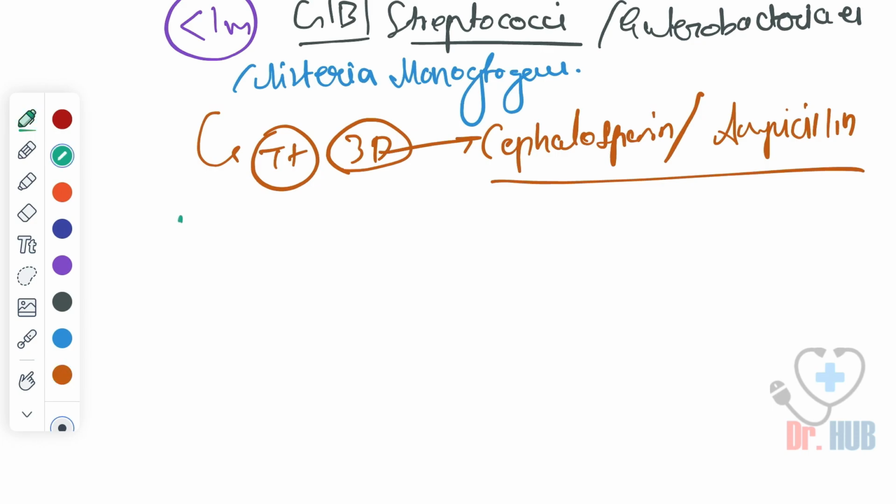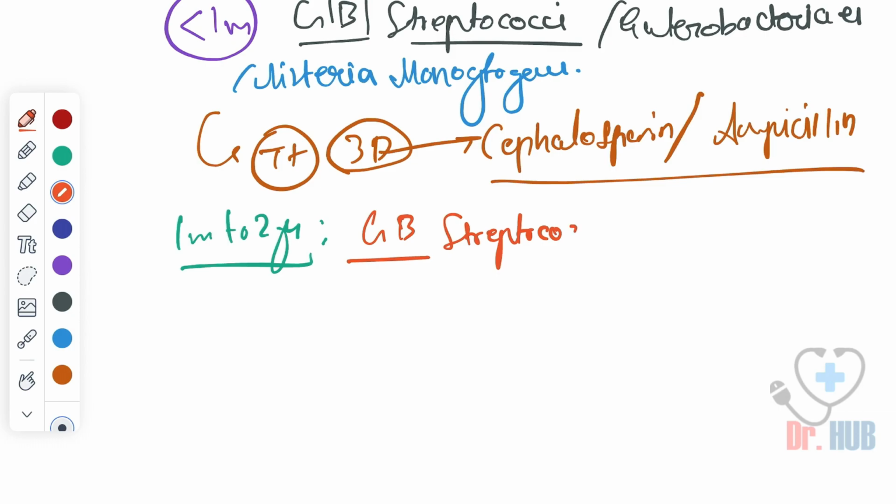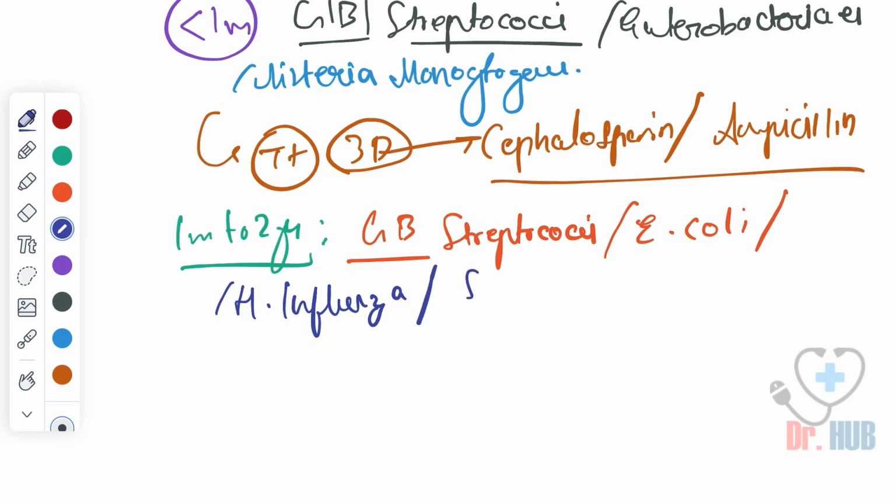Next we move on to 1 month to 2 years. When you go to 1 month to 2 years, there is again group B streptococci, and there is also E. coli, H. influenzae, S. pneumoniae, and N. meningitidis.